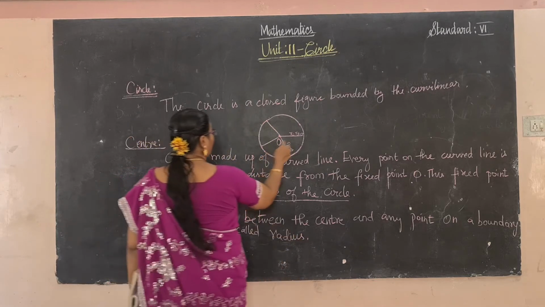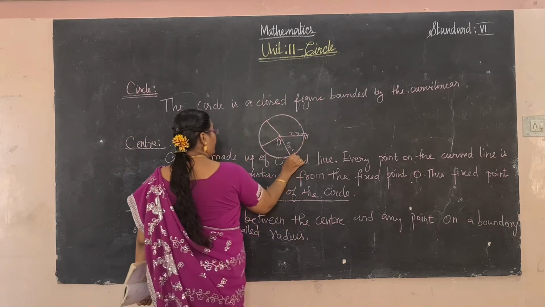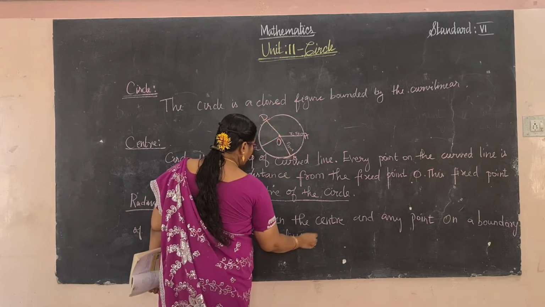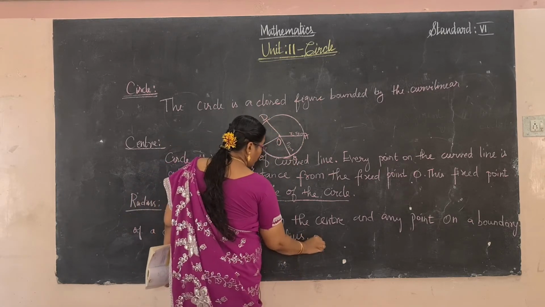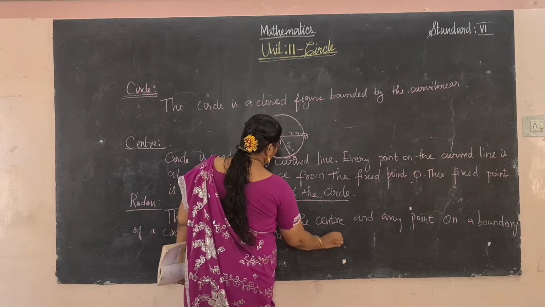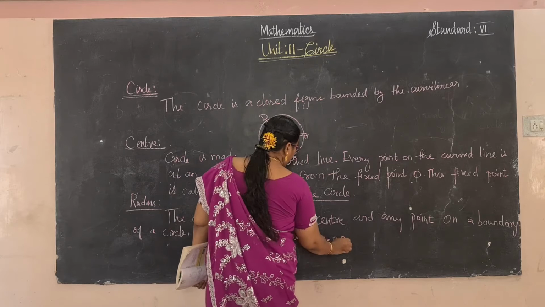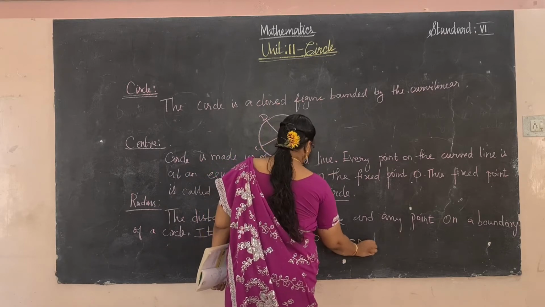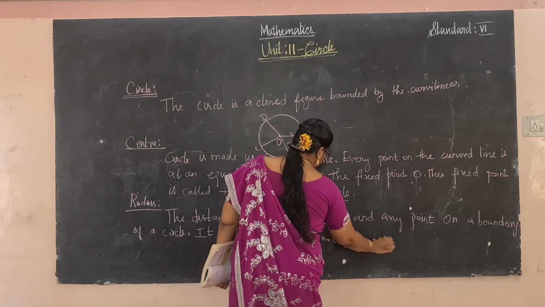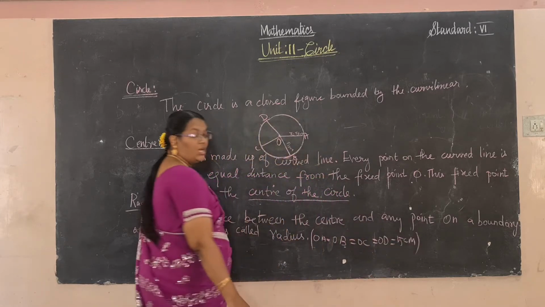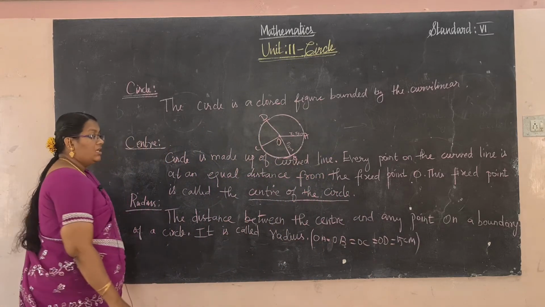Here we have OA, OB, OC, OD. From the diagram, which are the radius? OA equal to OB equal to OC equal to OD equal to 5 centimeter. All the distances are equal.